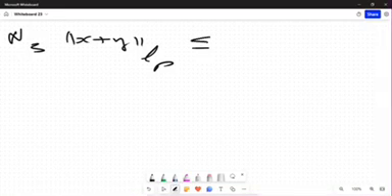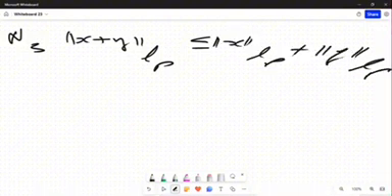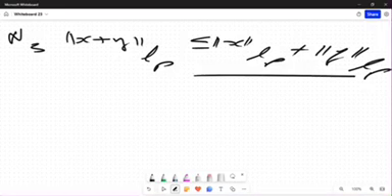Now you want to show that this is less than or equal to the norm of x in LP plus the norm of y in LP. That's exactly what you want to show. That's the triangle inequality.